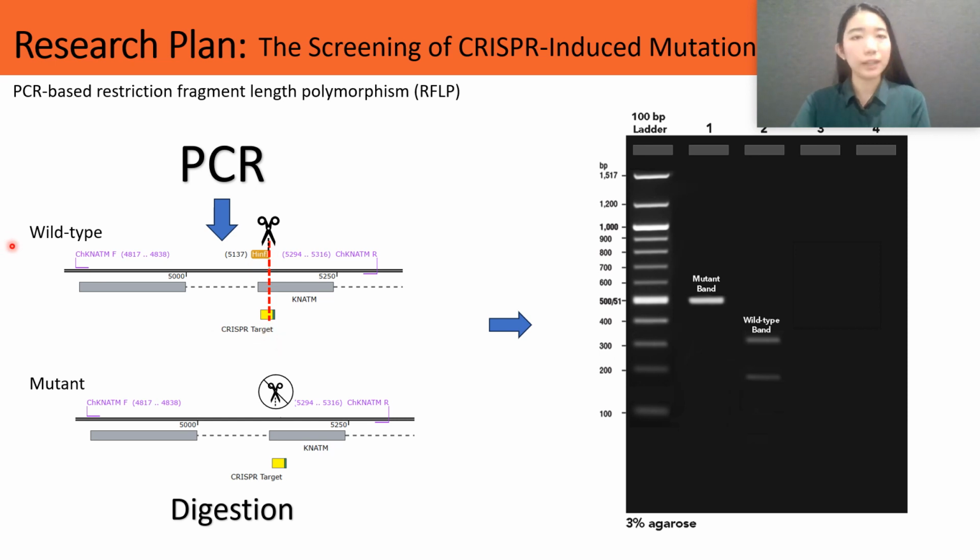If the plant is wild type, there will be no changes inside the CRISPR target and the enzyme will cut. However, if the plant is mutant, there are going to be changes in the CRISPR target and the recognition site will be altered, and therefore the enzyme won't cut. You can see the difference as different patterns when visualized in gel electrophoresis.